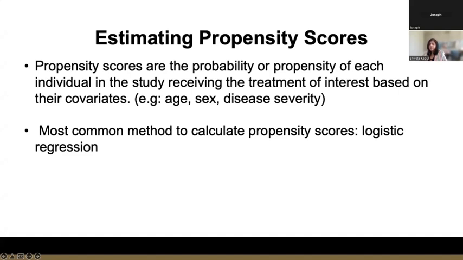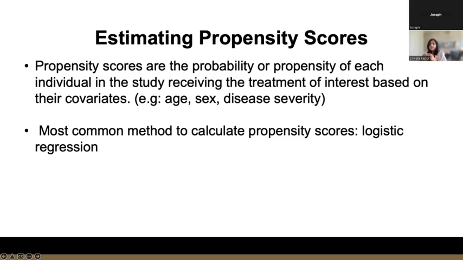So let's say we have a set of confounders, which are age, sex, severity of the disease, any pre-existing comorbidities. We would use all these confounders and then we would calculate what is the probability for each individual in our study of receiving the treatment of interest based on this set of covariates or these characteristics.